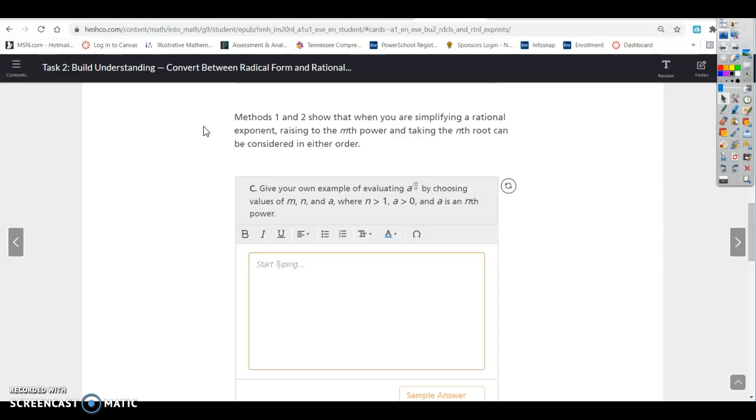Well, if I can get my pen to work. All right, now that I've got my pen working, so we're looking for examples of a raised to the m over n power. So let's just do a to the 2/3 power. And then if I have a to the 2/3 power, I can rewrite that as a to the 2/1 power to the 1/3 power.